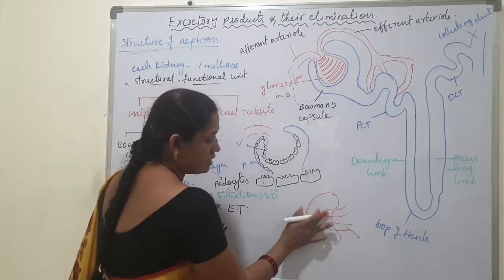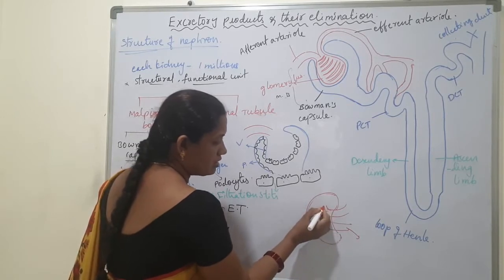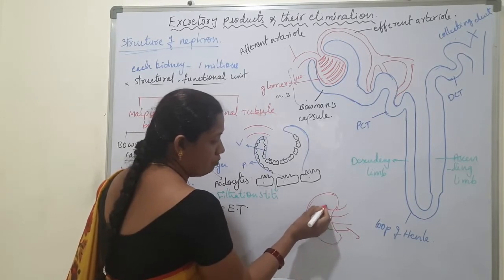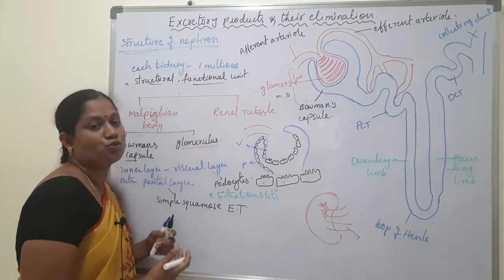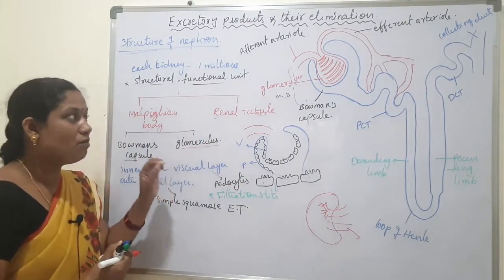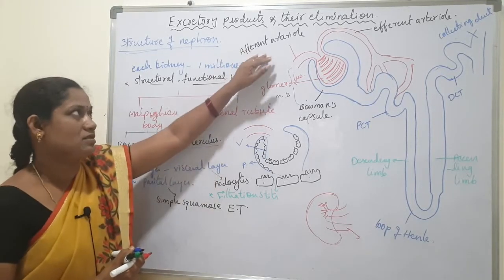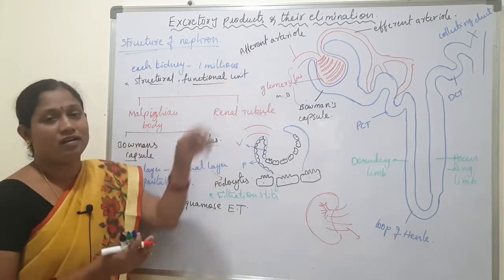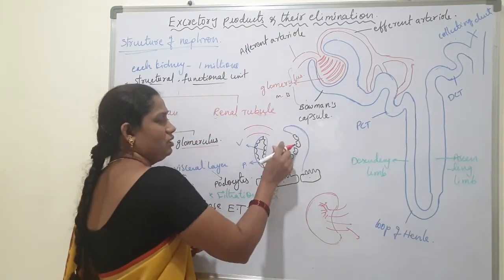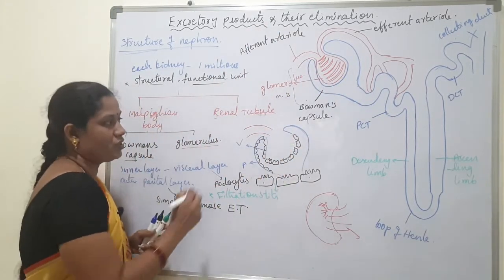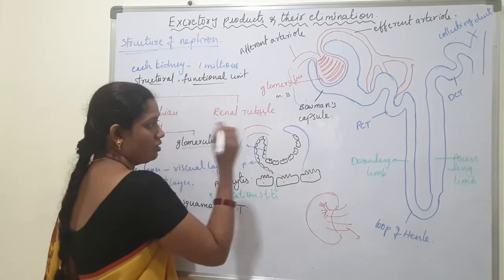When the renal artery enters, it divides into many branches, and these branches again divide to finally form small capillaries called afferent arterioles. Each afferent arteriole enters a nephron.